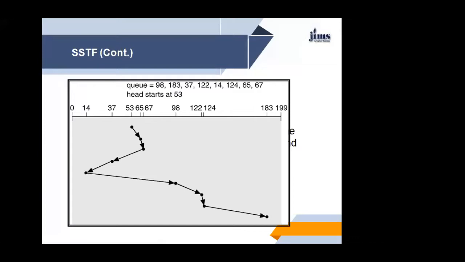Shortest seek time first scheduling is essentially a form of SJF, shortest job first scheduling, and like SJF scheduling, it may cause starvation of some requests. Remember that requests may arrive at any time. Suppose that we have two requests in the queue for cylinders 14 and 186, and while serving the request at 14, a new request near 14 arrives.